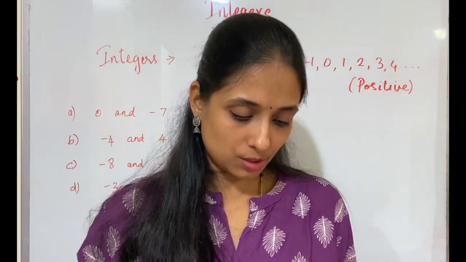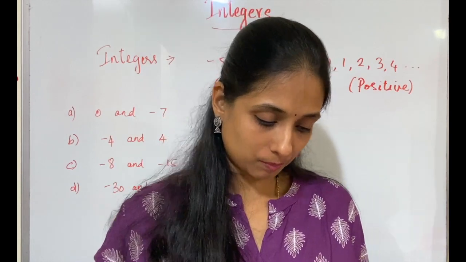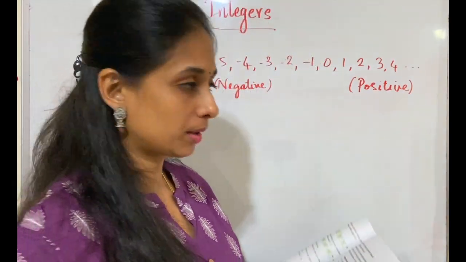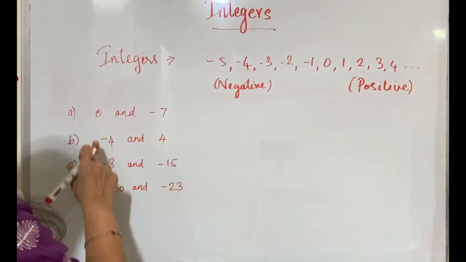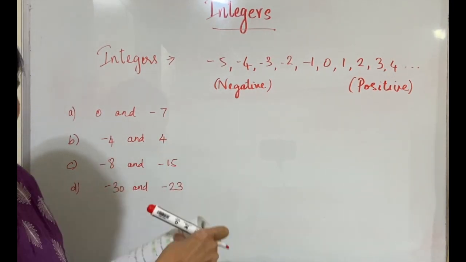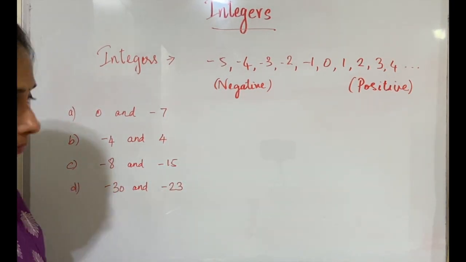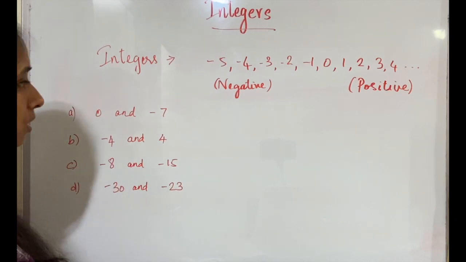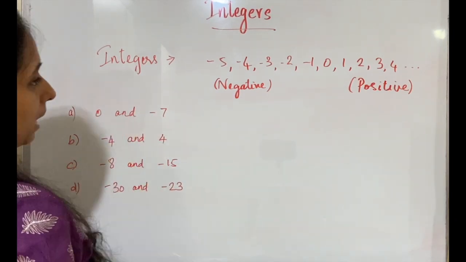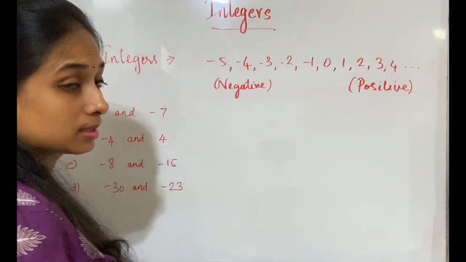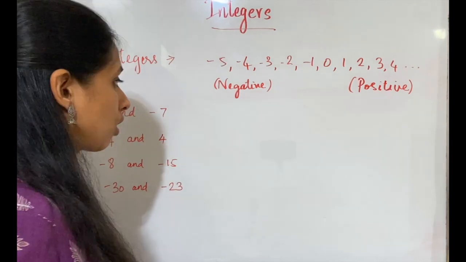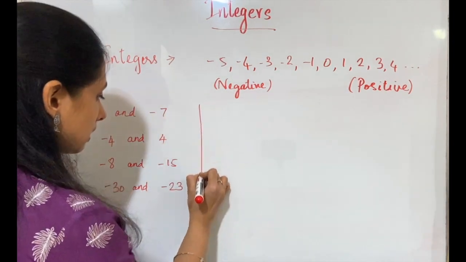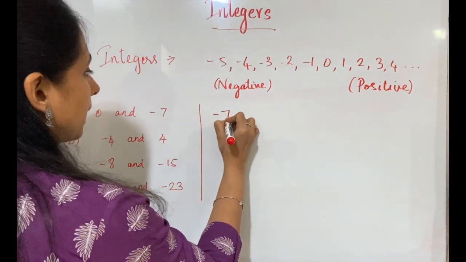Write all the integers between the given pairs. Okay, write them in the increasing order. Okay, so now I have written down the questions. 0 and -7. I have to write all the integers between 0 and -7. So they are saying write it in the increasing order. So where should we start? I'm going to start with -7.